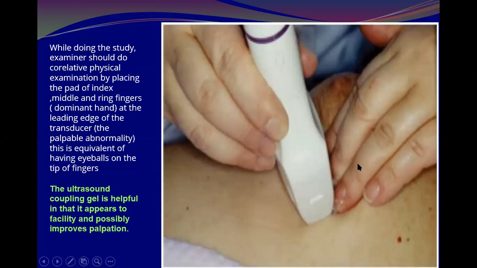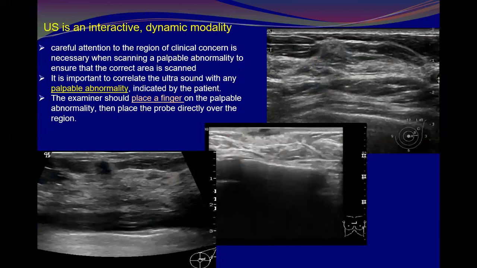This is the image for an examiner putting the 3 fingers of the contralateral hand under the probe, to palpate the patient's concern or the clinical concern with coupling of gel, and they describe it as if it is equivalent to having an eyeball on the tip of the fingers by doing that. Ultrasound is an interactive dynamic modality.